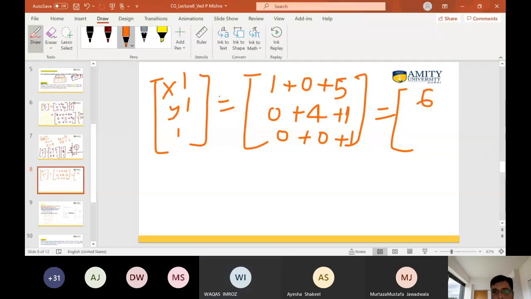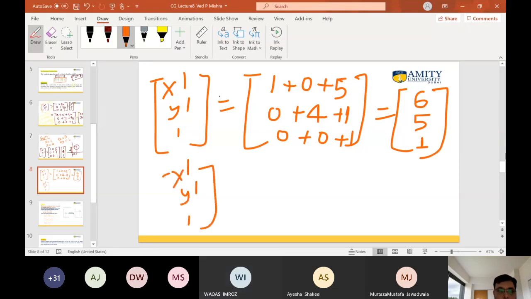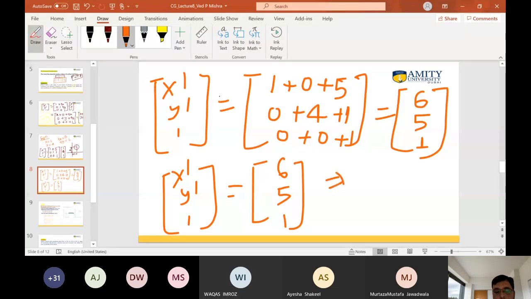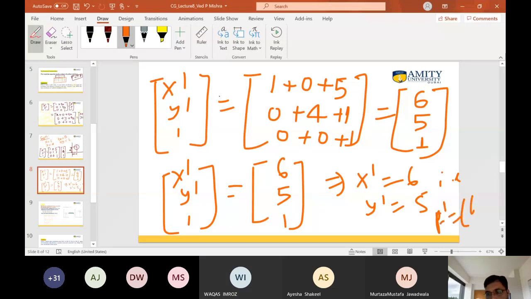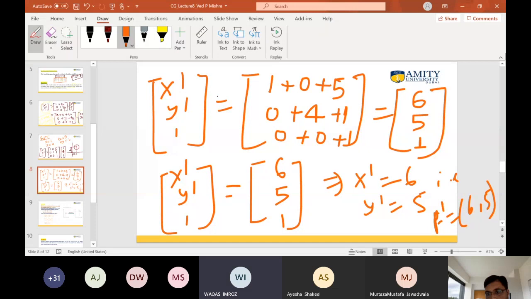That gives 6 5 1. It means x dash y dash 1 equal to 6 5 1. So x dash equals 6 and y dash equals 5. That is P dash equal to 6 and 5.